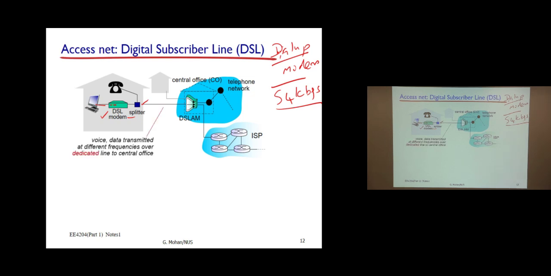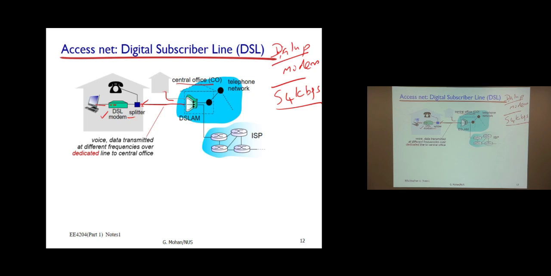And there are dedicated telephone cables running from every home. The cable which runs out of our home is not shared until it goes to the part of the telephone service network. Logically, we can say that this goes all along until what is called, let's say, the CO, central office.